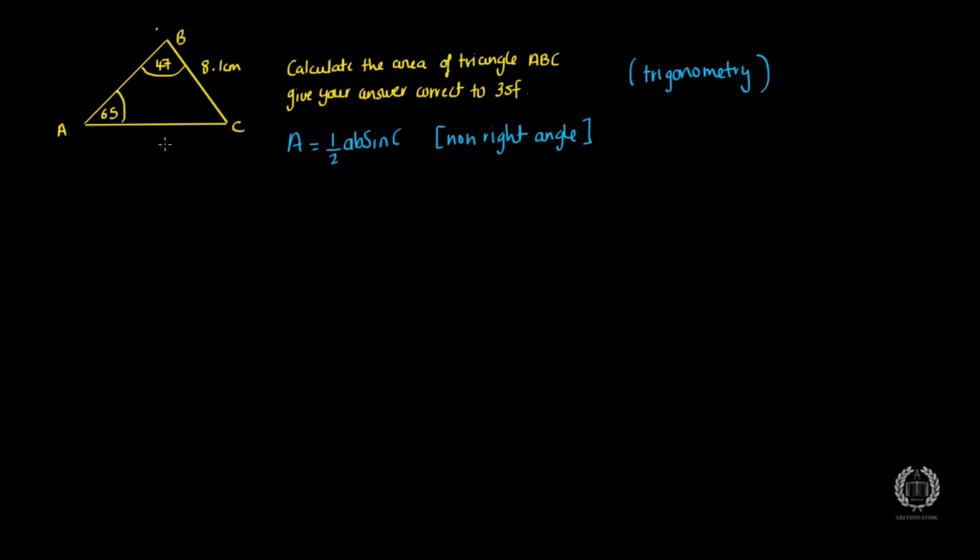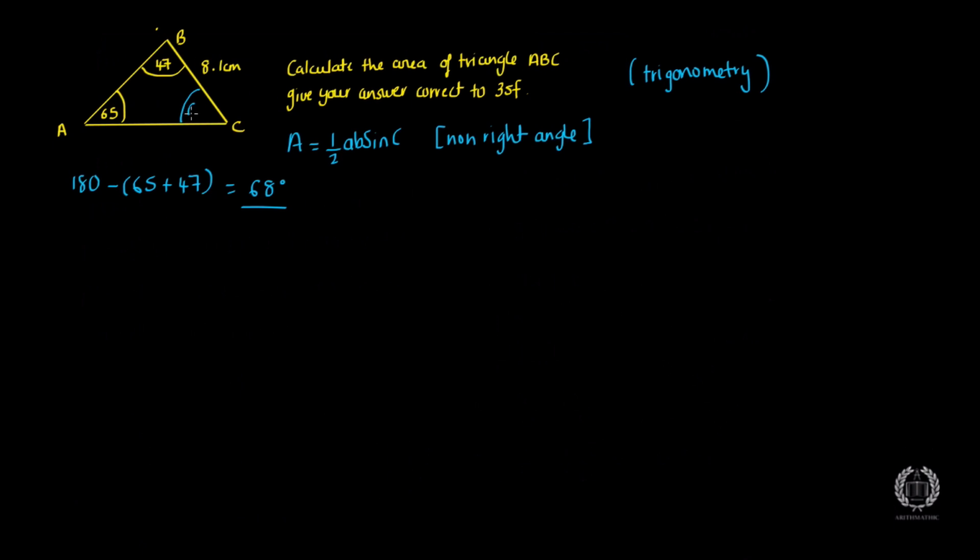The first step that I can do here, because obviously I only have one length here, is I can find this angle first, right? Because you have the 65 and then you have 47, and you know that in a triangle it adds up to 180. So if I do 180 minus the sum of 65 plus 47, that should be 68 degrees.